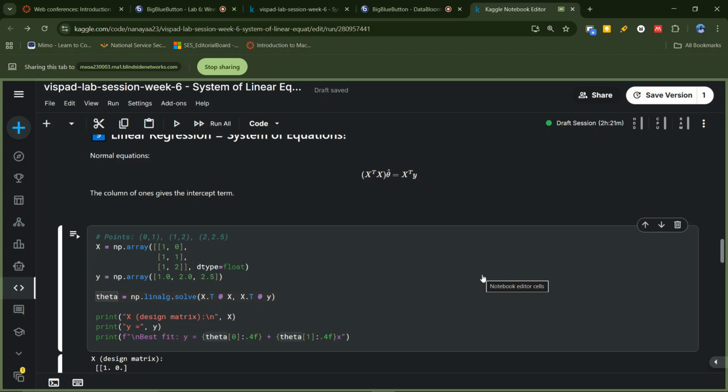But the correct method to use is this. So that is the complete computation it is trying to do over here. We are trying to find theta. We have our X defined as this, we have our Y defined as this.